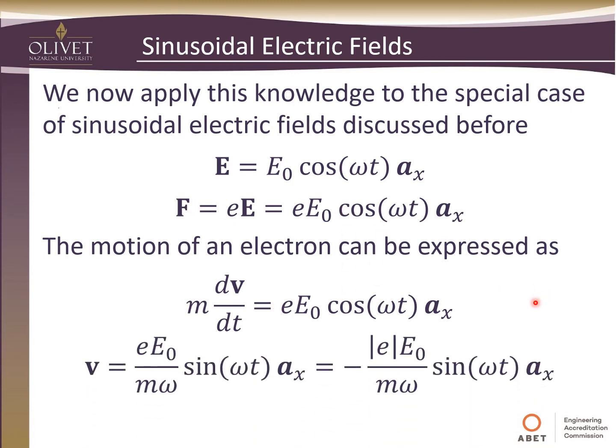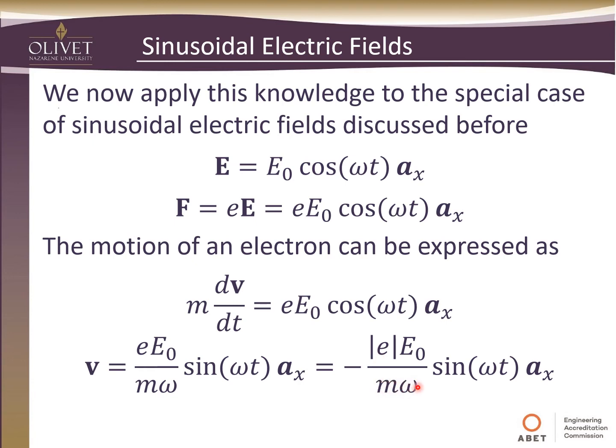If we integrate this out and solve for v, we get this resultant equation, combining some things and knowing that we're dealing with just the magnitude of this charge. You can see that it is affected by the amount of charge, by the field intensity, by the mass, which in this case is the electron, and the frequency.